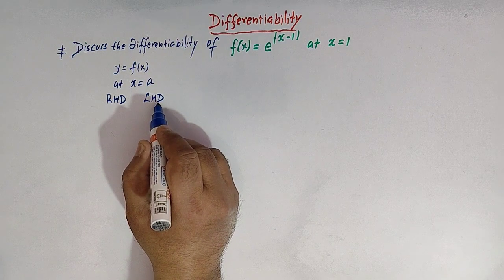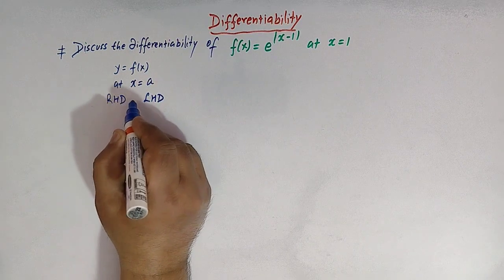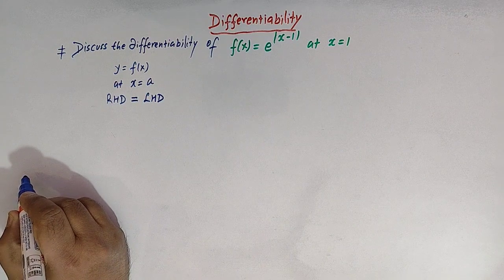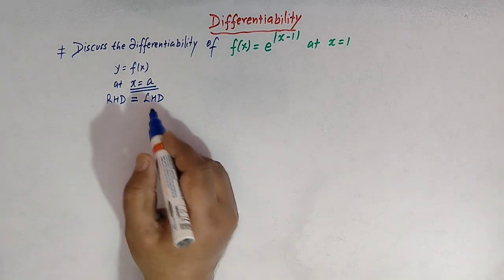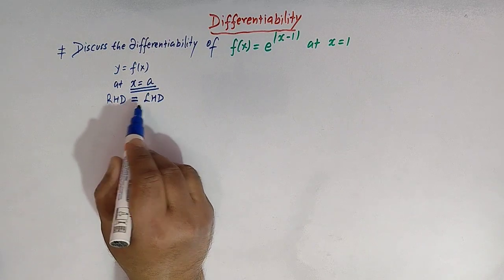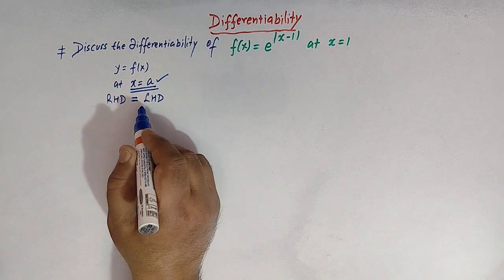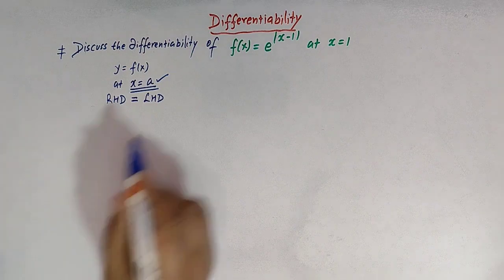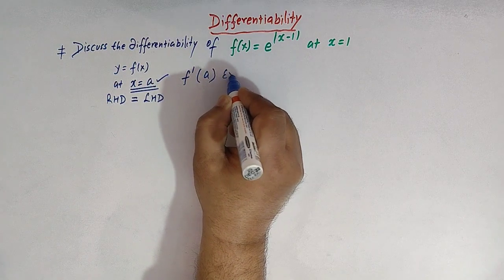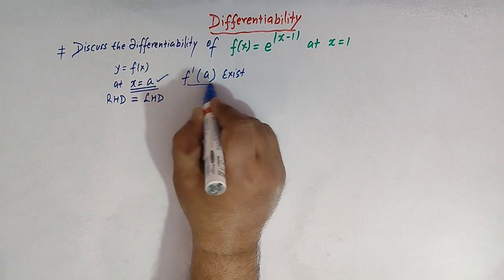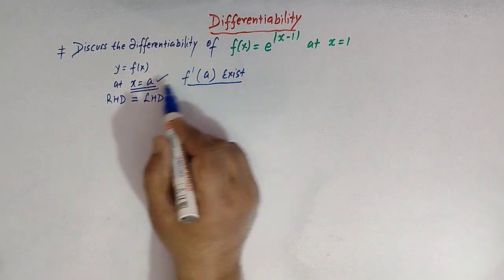Moreover, the right hand derivative and the left hand derivative must be equal at this point x equals a. Once they are equal, we can say that the function is differentiable and f prime of a exists. It means a function is differentiable if there is a unique tangent at x equals a.